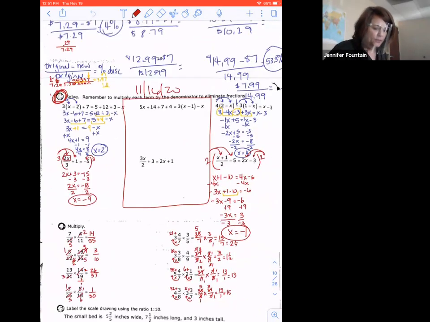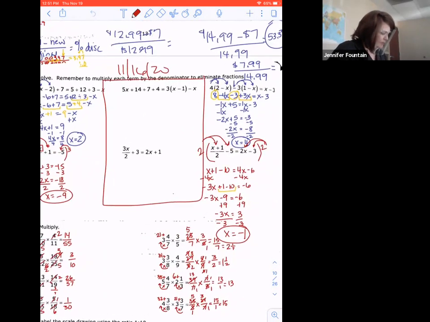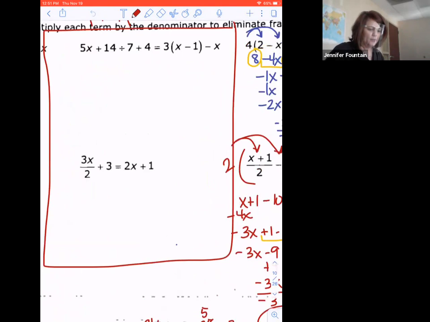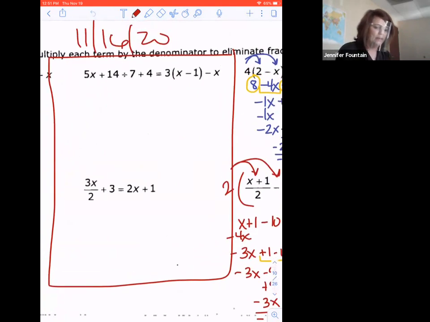Activities 3, the middle two at the top. All right, so we have 5x plus 14 divided by 7 plus 3 equals 3 times x minus 1 minus x. And in that one, we end up with x is equal to -3.